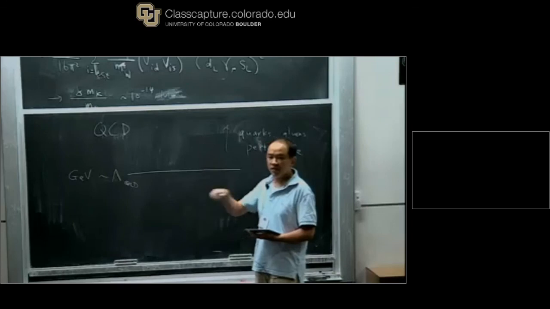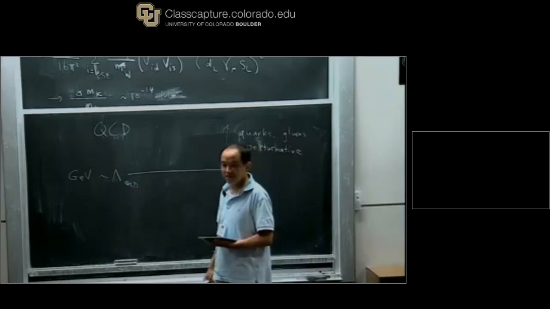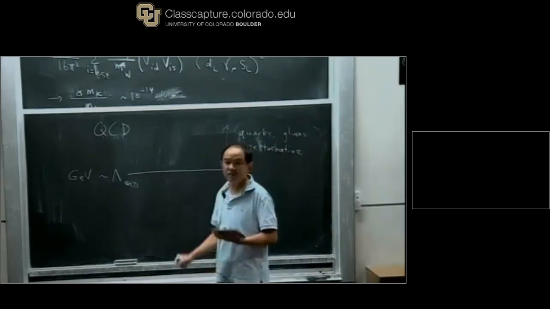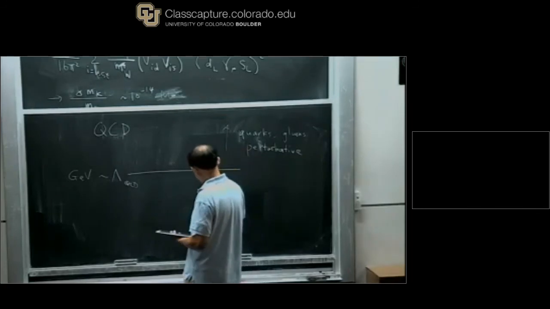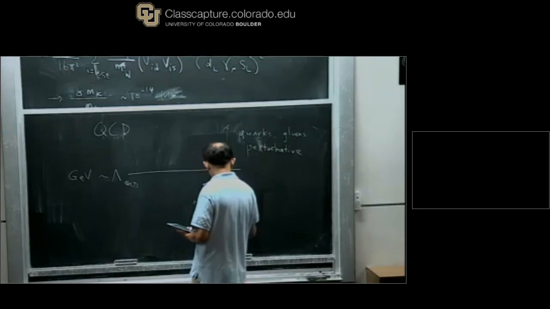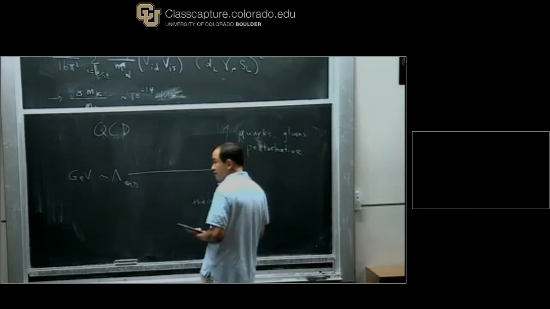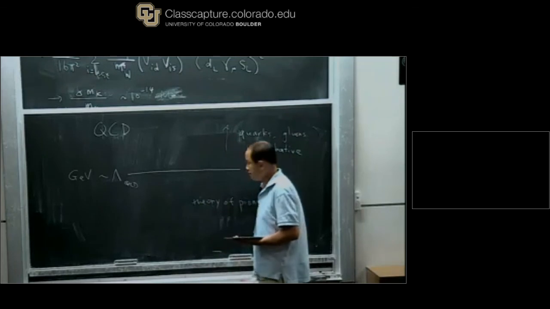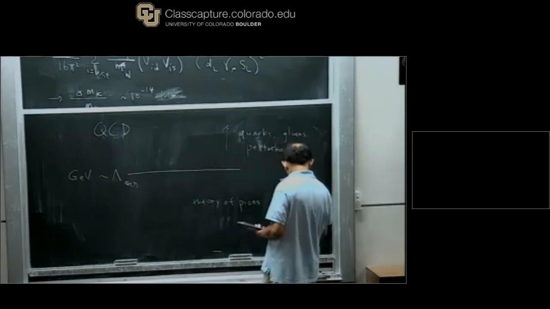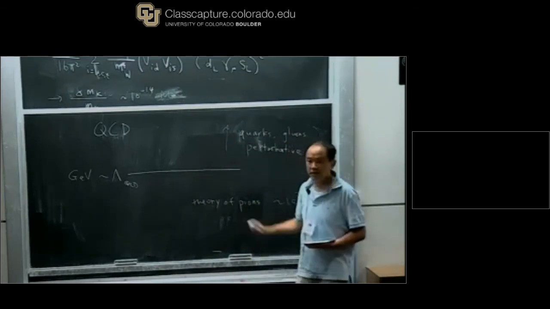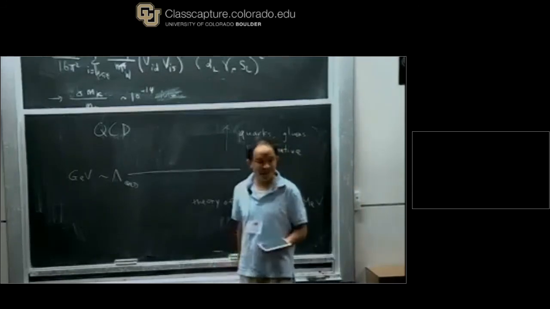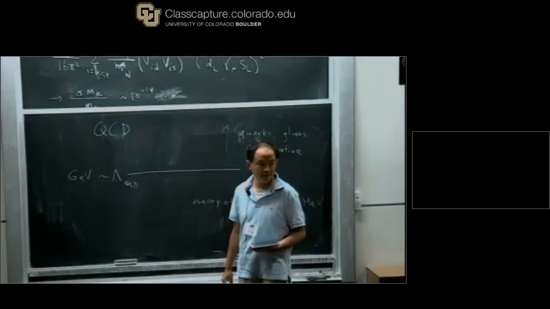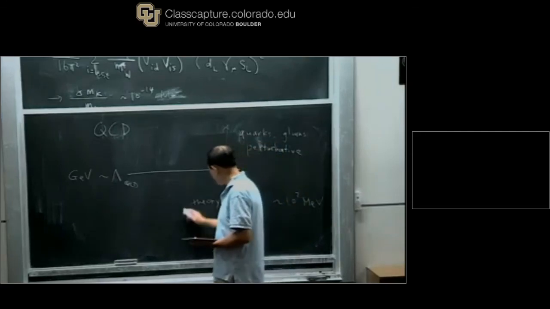And below a GeV, around 100 MeV, this is a series of pions, and there you actually can do perturbation theory again. It's called chiral perturbation theory.